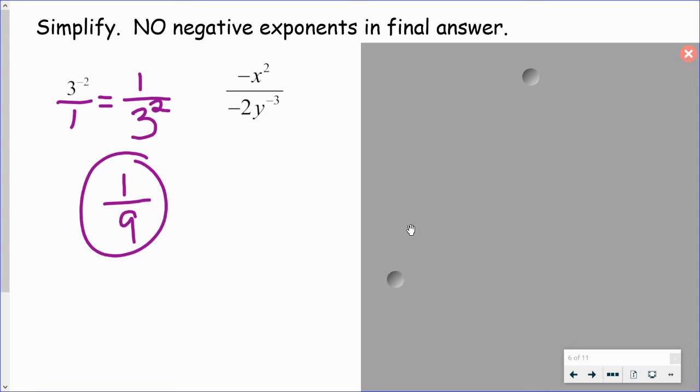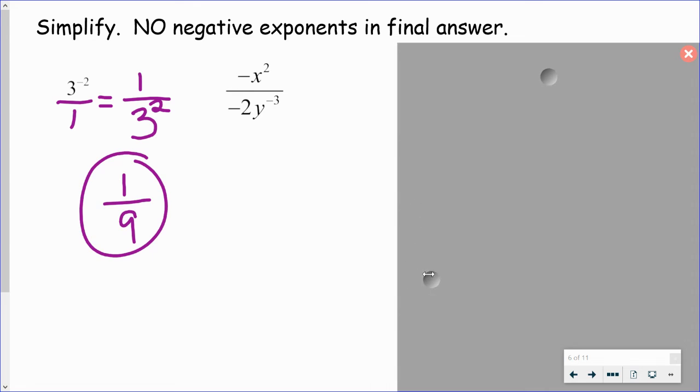Now, this gets a little confusing because we have negatives, it feels like, all over the place. So here we go. This really means a negative over a negative. That 2 is not in parentheses at all. This x is not in parentheses, so that really means like a little -1 out front. So those cancel out to be positives.